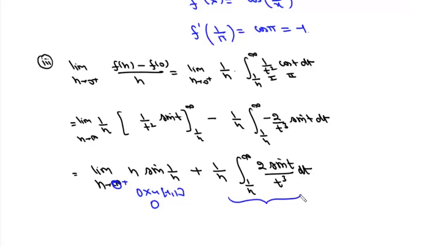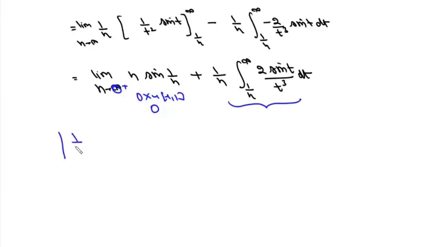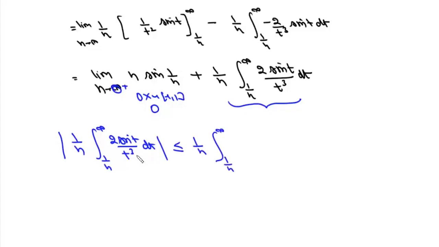Now again we'll use absolute convergence. So we can write the mod of 1 upon h times the integral from 1 upon h to infinity of 2 sin t upon t cube dt will be less than or equal to 1 upon h times the integral from 1 upon h to infinity of mod 2 sin t upon t cube, and again sin t is less than 1, so it will be less than 2 upon t cube dt.